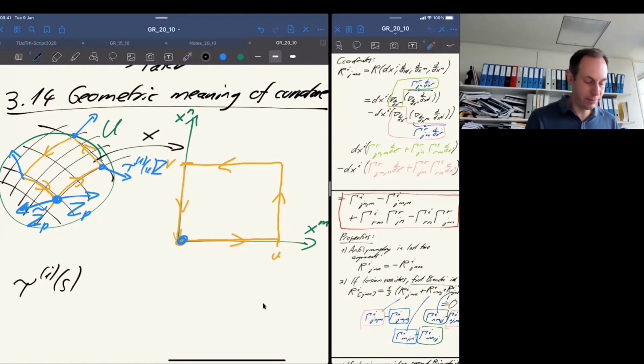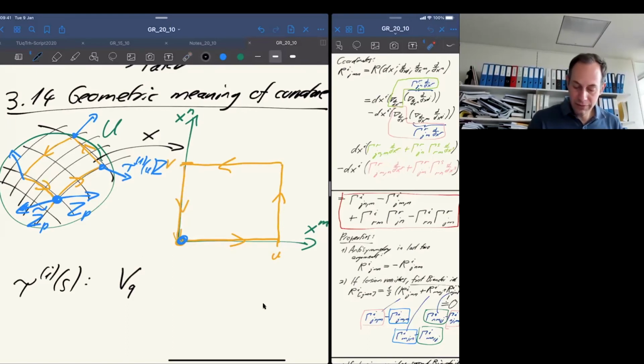So the argument tells me how much I increase the thing. And I take an arbitrary vector at an arbitrary point, so let's say it's some point q. Of course, I will at the end apply it to this vector and then to the transported one and so on. But let's suppose you have an arbitrary vector v at an arbitrary point q.